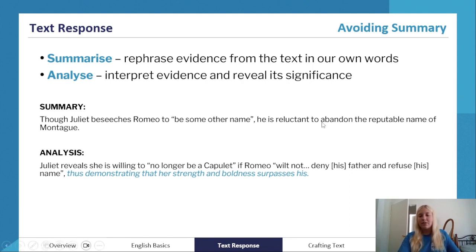No, the second half of this sentence just over-explains by giving us his actual name, and doesn't hold any significance. Now, in our analysis example, Juliet reveals she is willing to no longer be a Capulet if Romeo will not deny his father and refuse his name, thus demonstrating that her strength and boldness surpasses his. She is even more brave and courageous.